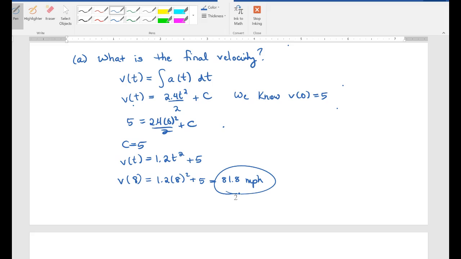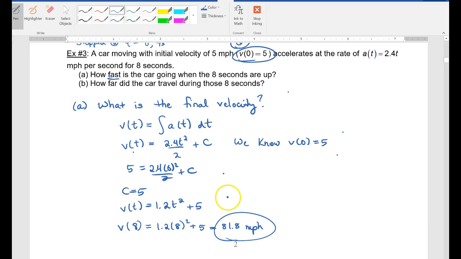That's fine. Okay, so the other way to think of this, by the way, we wanted to find the velocity at 8 seconds. So we use v of 0, which is your initial velocity, plus your displacement.